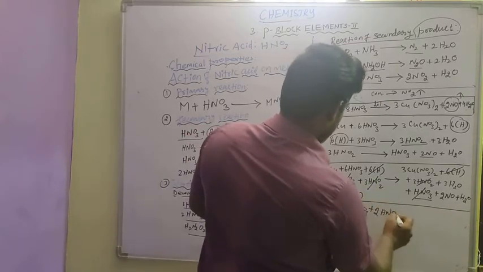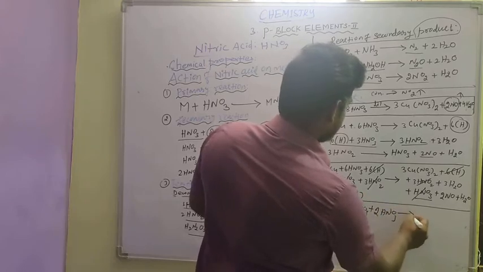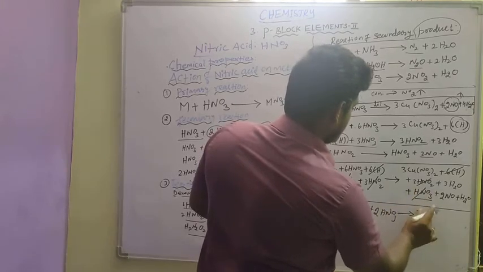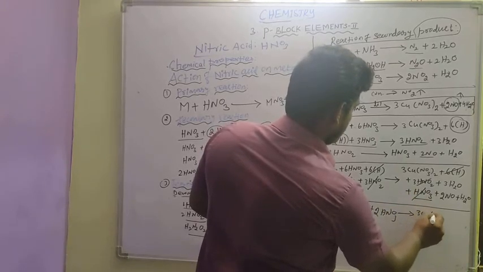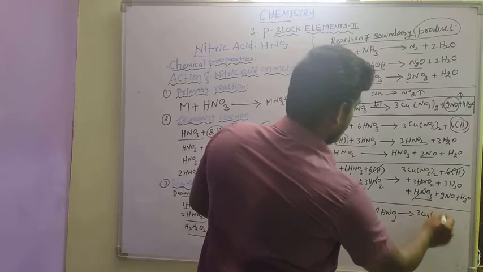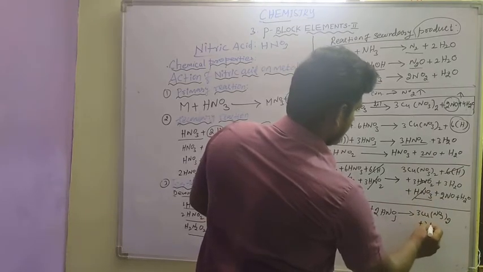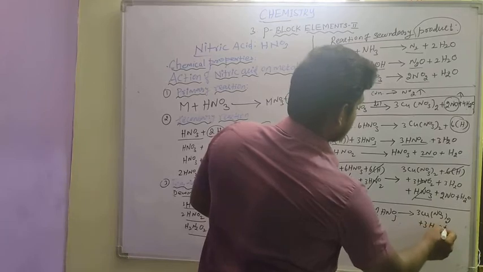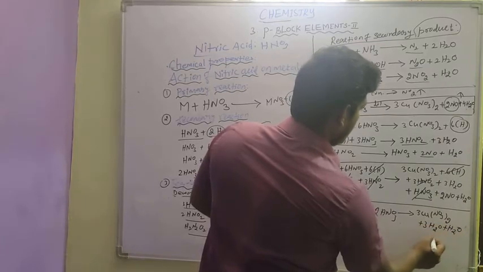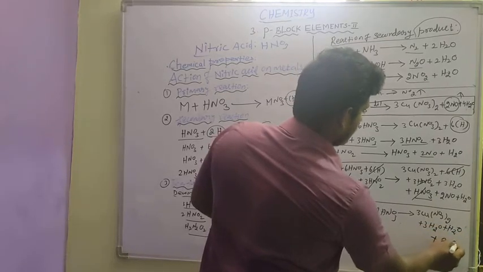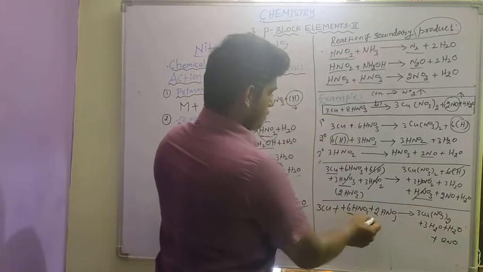Also it gives 3 Cu(NO3)2, 3 H2O plus H2O, also 2NO. So adding 3 plus 2, 8.